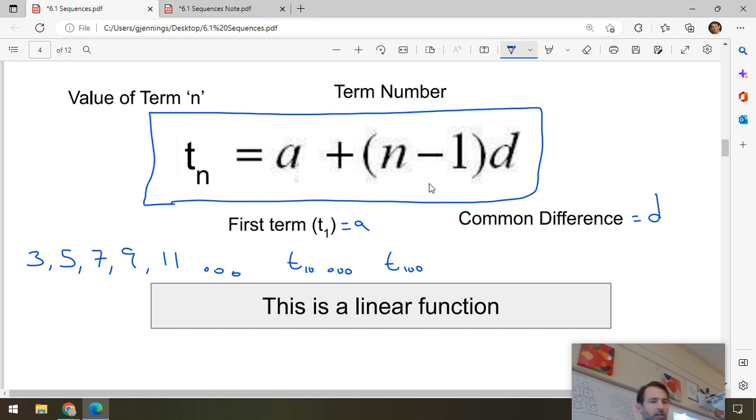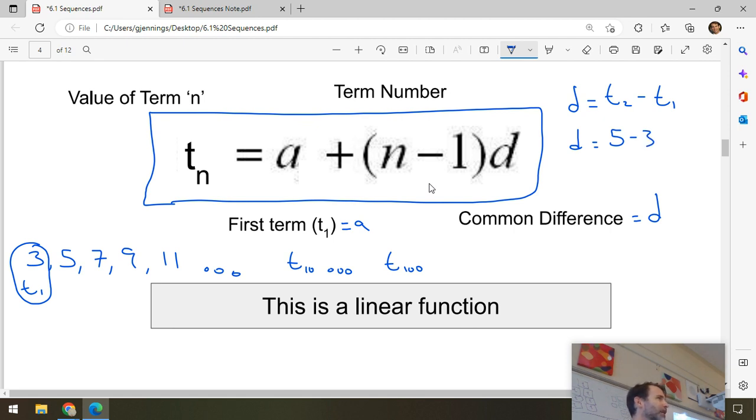Well, let's take a look. Here's T1. The first term is 3. T2 is 5. So if I want to find the difference D, in this case, D is going to be equal to T2 minus T1. Right? So in this case, D, the common difference, is going to be 5 minus 3.